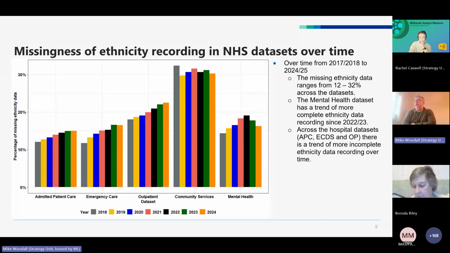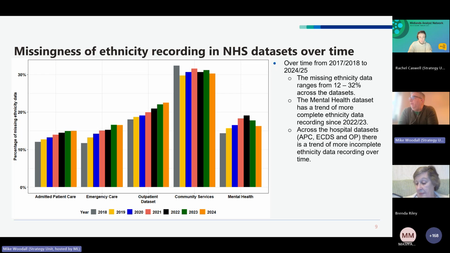We then looked at this over time, and it seems that the data gets worse over time for most data sets. For the admitted patient care, emergency care, and outpatient data sets, the acute data sets, the amount of missing or invalid ethnicity data has increased over time. For the last 5-6 years, it's actually getting worse.